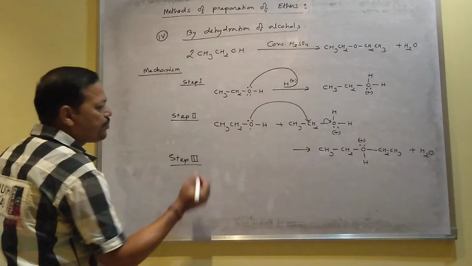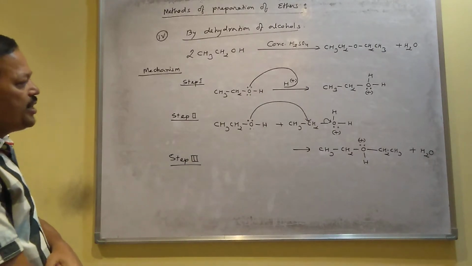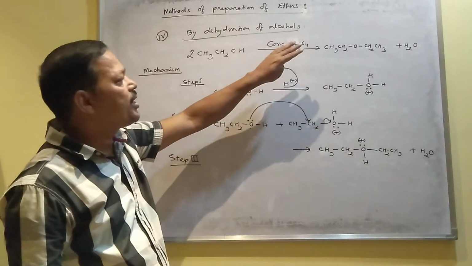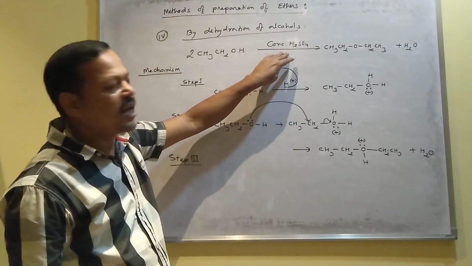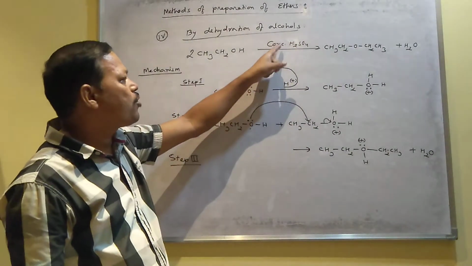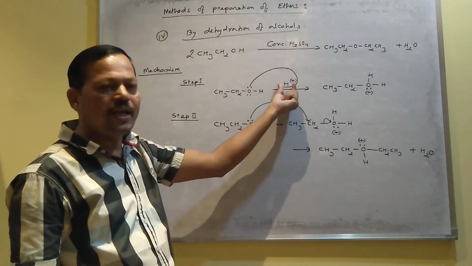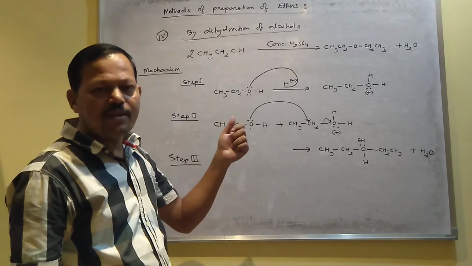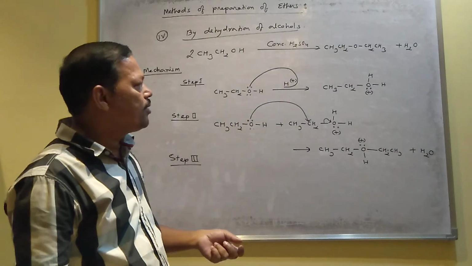Now step 3. In step 3, as you know, concentrated sulfuric acid is used as a catalyst in this reaction, and from the catalyst we have taken one H plus ion. As you know, catalysts are involved in the reaction, but you don't get them on the product side.